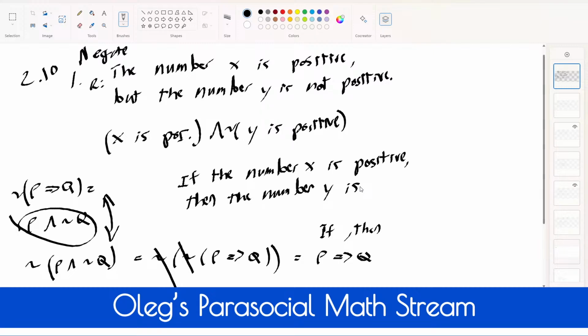The only thing is that I still have to take the nots and apply them to the sentences.